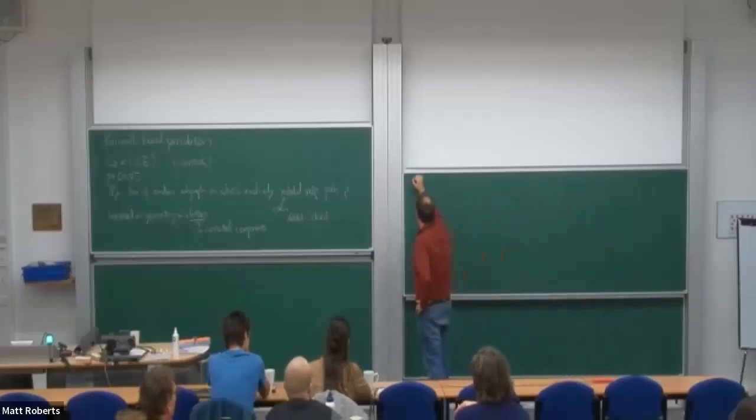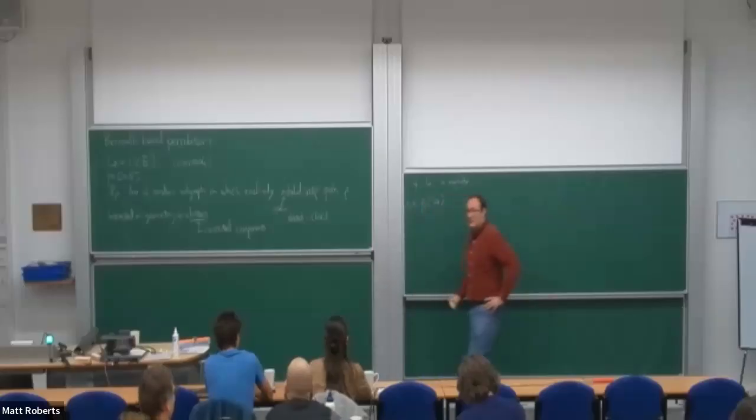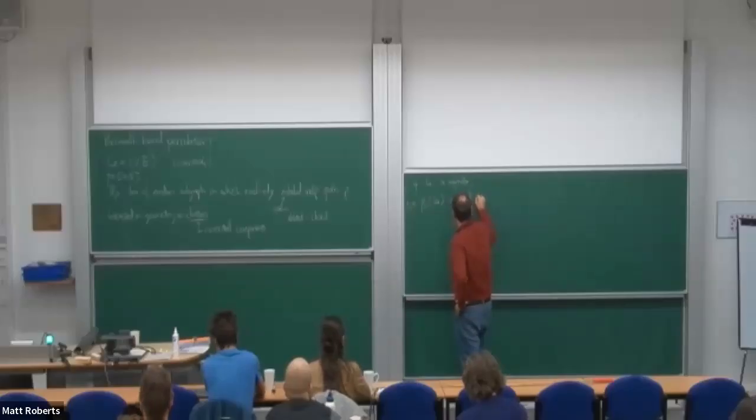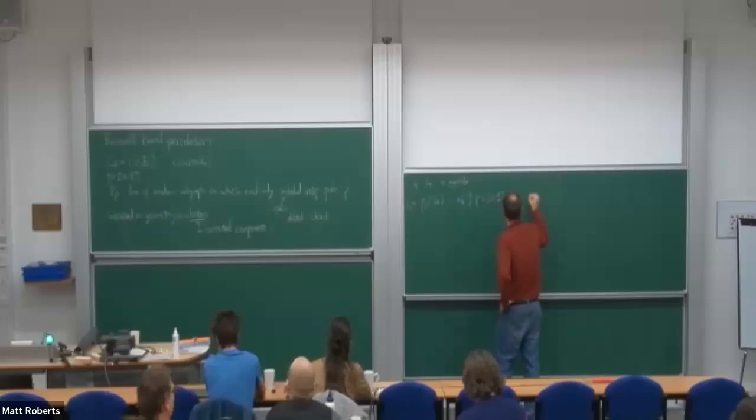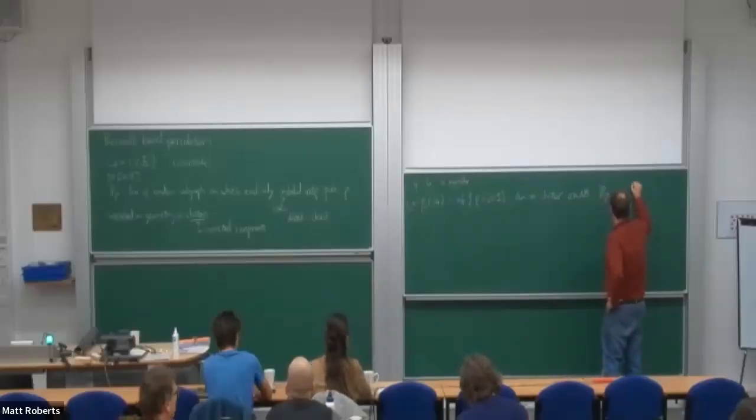So if G is infinite, we define PC of G, which we'll normally just write PC and leave G implicit, to be the infimum value of P such that an infinite cluster exists almost surely under this measure.